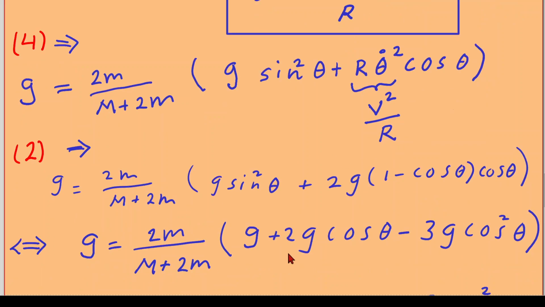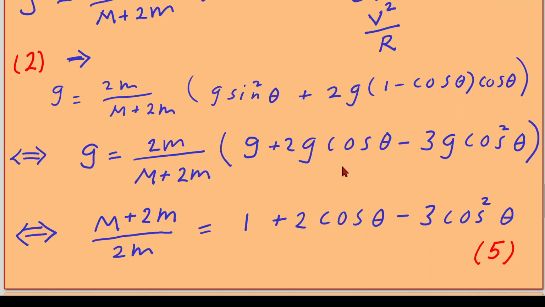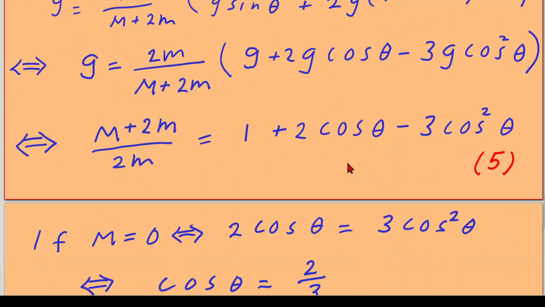And okay, let's try to simplify this expression a little bit here. Now you see we can cancel out g, g, g, g, and then multiply this up and this over there. So this is the case. You get this equation.